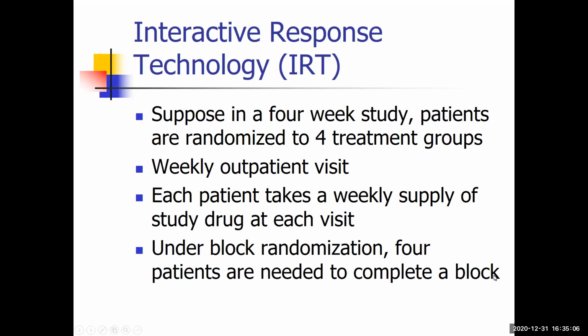I can have this list of the randomized patients before the patients are actually entering the study. But with minimization, you cannot do that because minimization is performed based on the number of patients being randomized to each treatment group before the new patients enter the study. So it's a dynamic kind of randomization.